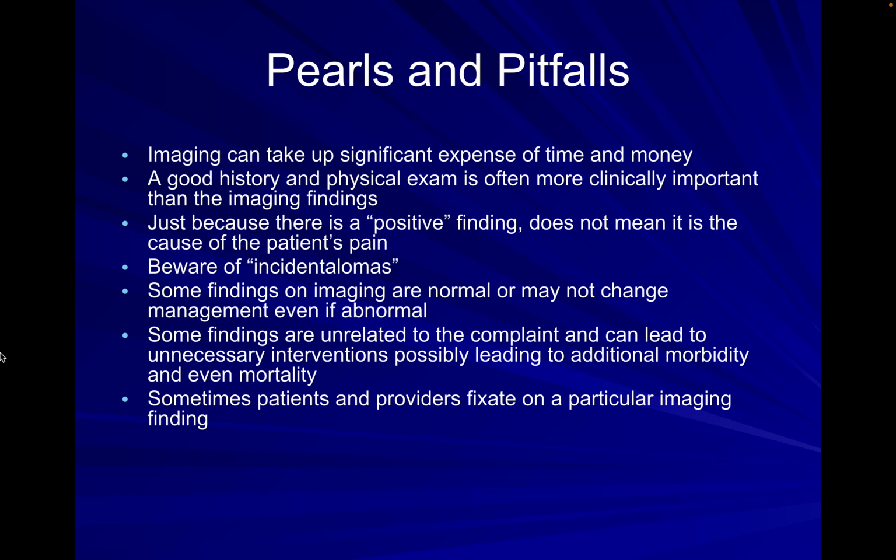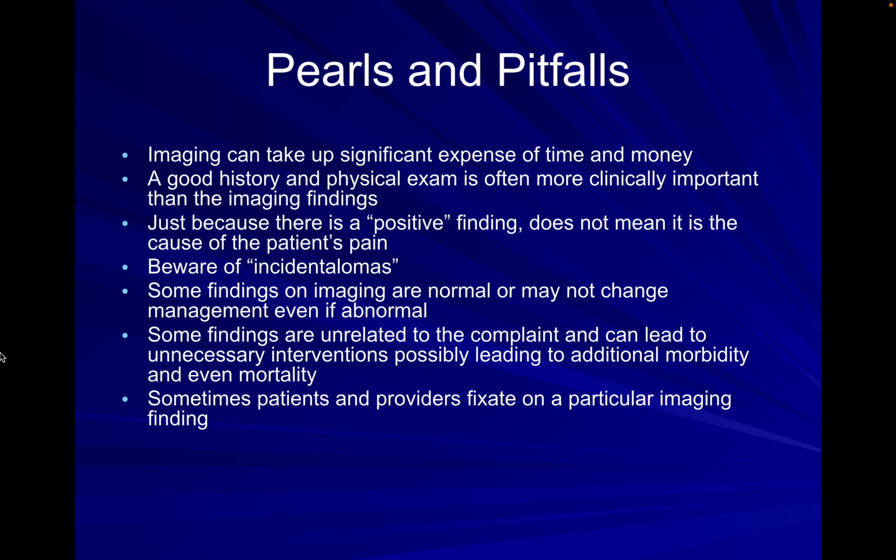There is also a terminology called incidentaloma, and this is the idea that you might be going looking for one thing and you find something completely unrelated that you didn't even expect to be there.